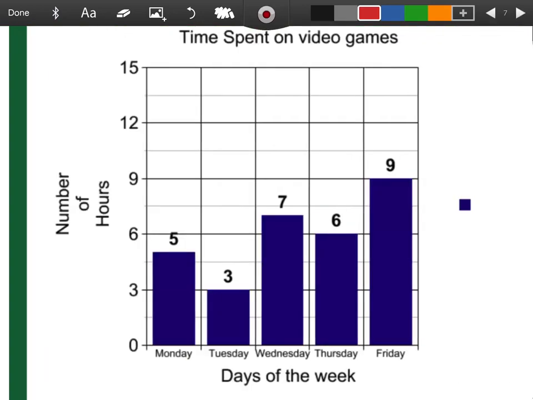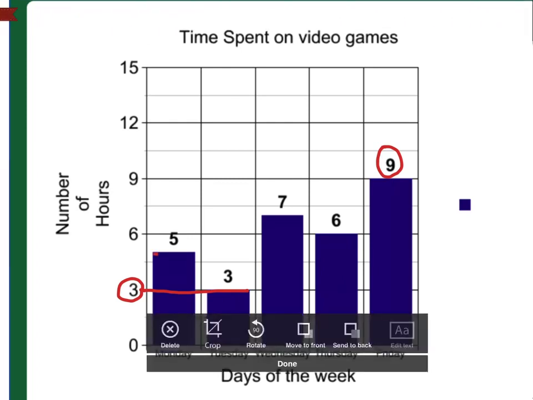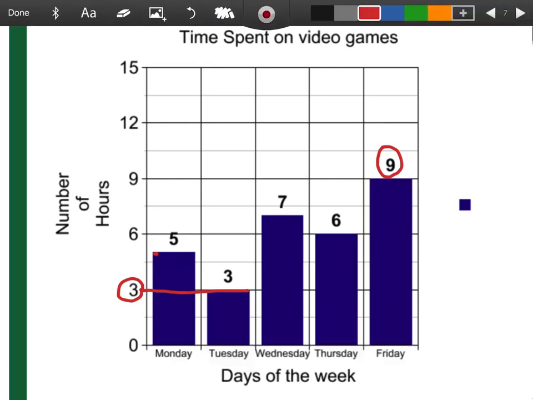Ba-boom, there you go. Okay, so you'll notice one thing I like about this program right here, it went ahead and gave you the numbers on top of each one of your bars. This is fantastic because you don't have to do it yourself. If it didn't have that though, again, all you would do is follow over, find where it reaches. If you look at Monday though, do you see how Monday does not hit the line perfectly? So you're kind of guessing what number that is.